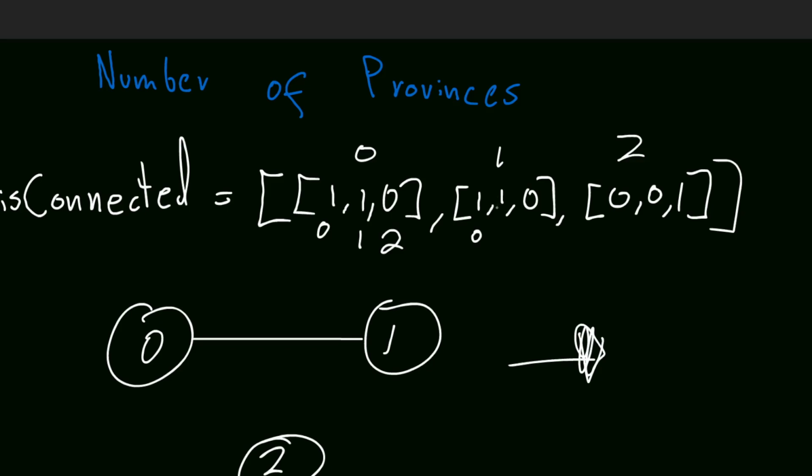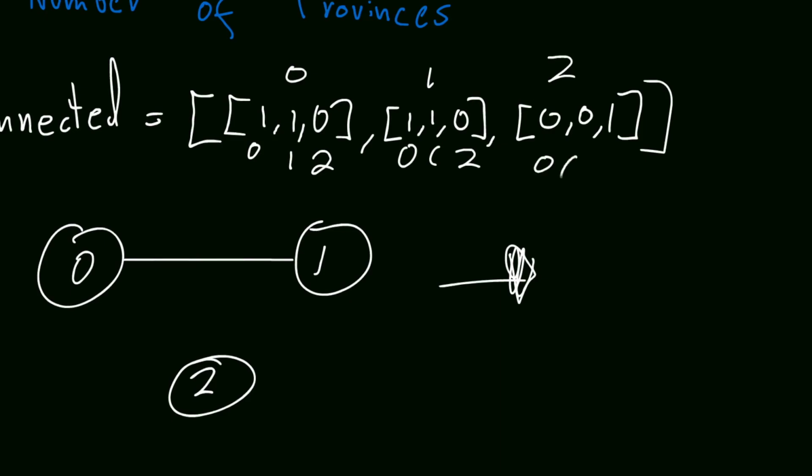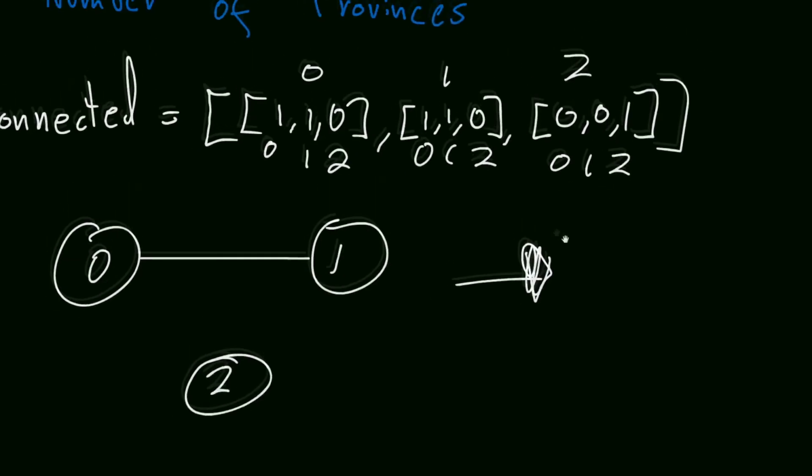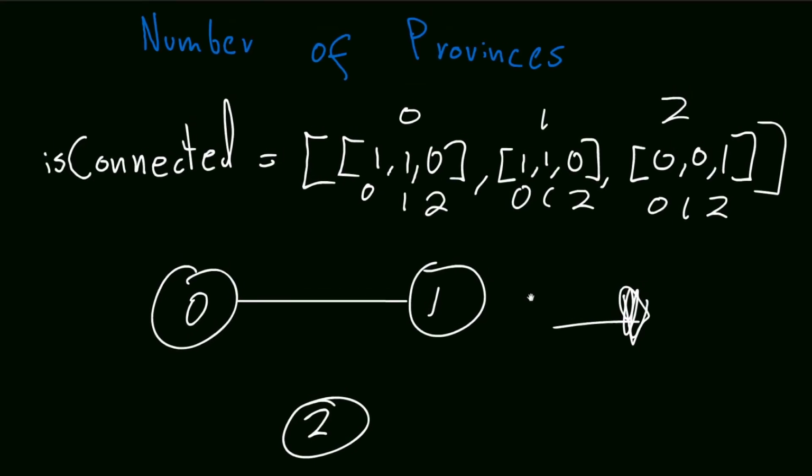Same for city 1: it's connected to city 0, and to city 1, which is itself, but it's not connected to city 2. However, city 2 is on its own, so it's not connected to city 0 or city 1, but of course it's connected to itself.